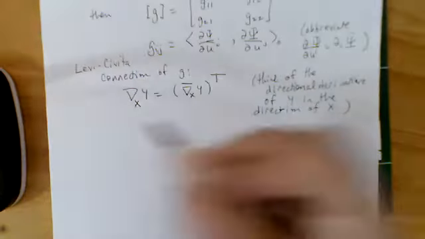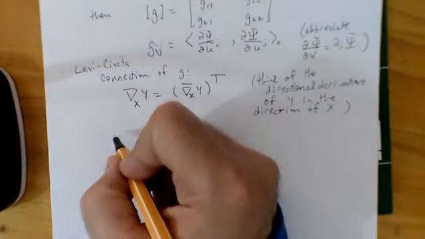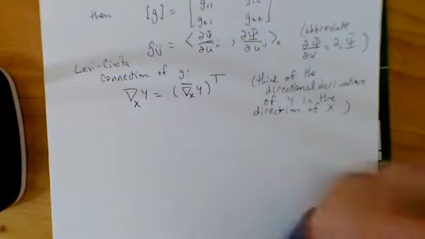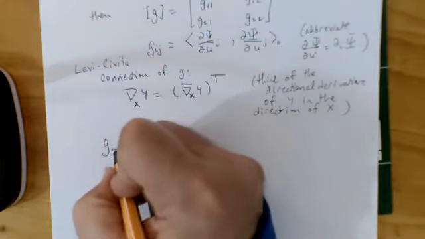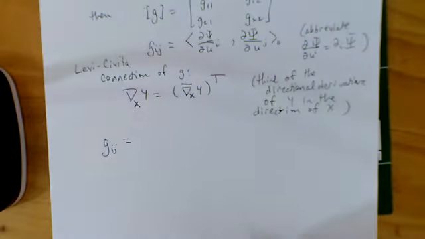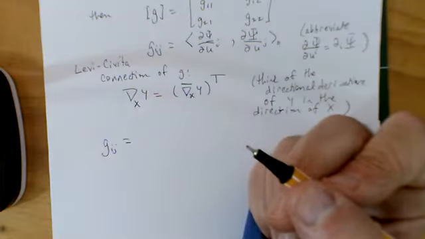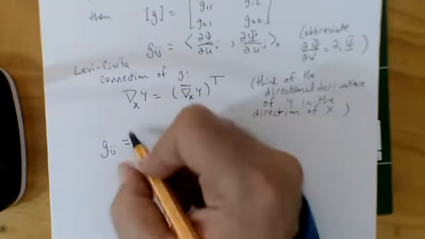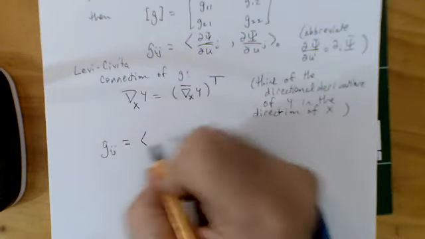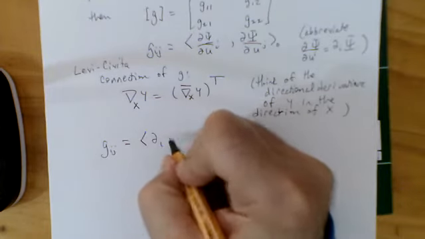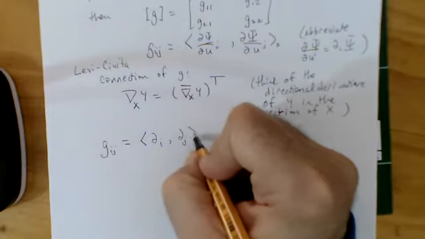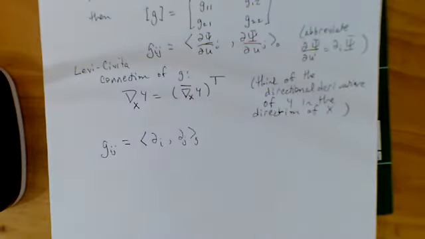Now, what do we know? So I know that Gij is the Riemannian metric applied to my tangent vectors d by dui and d by duj.